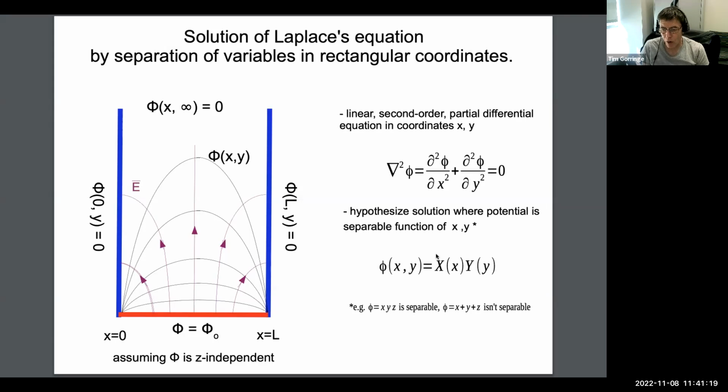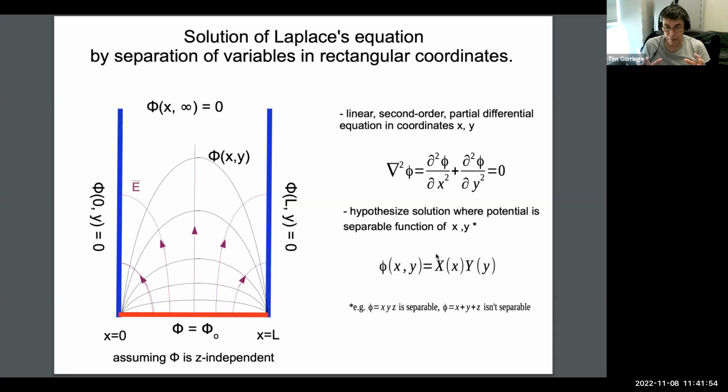A somewhat more general approach, but actually not much more general, for solving Laplace's or Poisson's equation is the approach that we call separation of variables. So in this approach, we have a problem where we want to solve Laplace's or Poisson's equation, knowing the boundary values for the electrostatic potential at some locations.